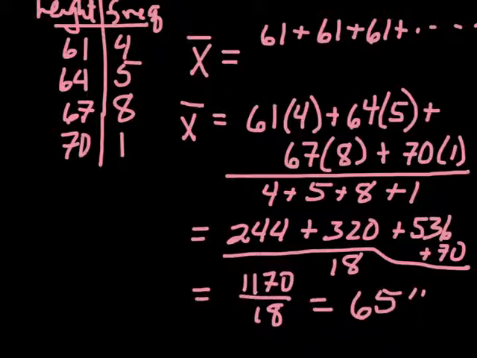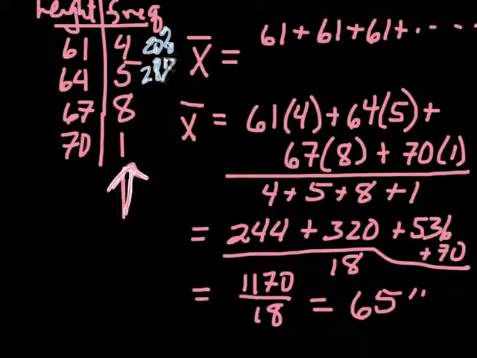Now, weighted means can also use relative frequencies in this position. So if I had the relative frequency, for instance, 4 out of 18 is about 20%, 5 out of 18 is about 28%, 8 out of 18 about 45%, and 1 out of 18 is about 6%. And so if I added those up, that's approximately 100%.